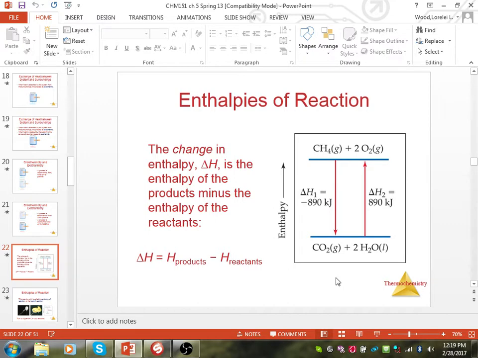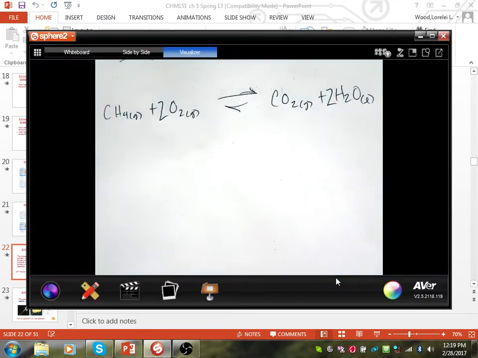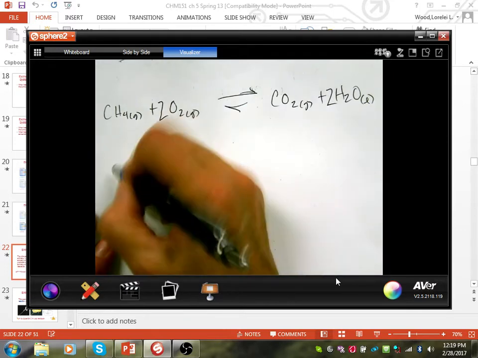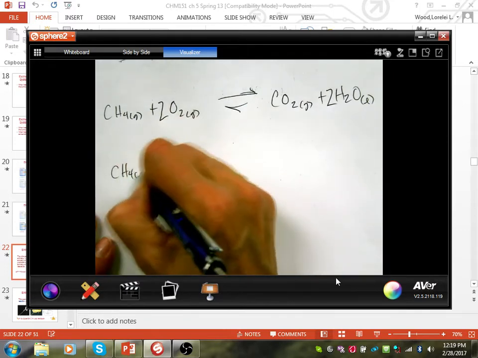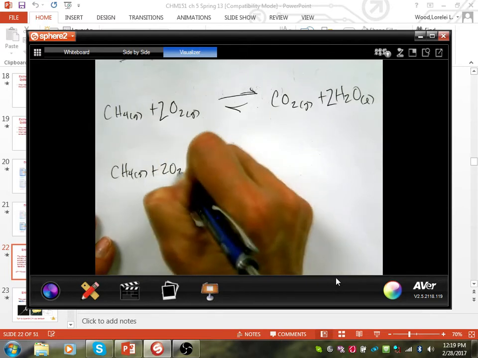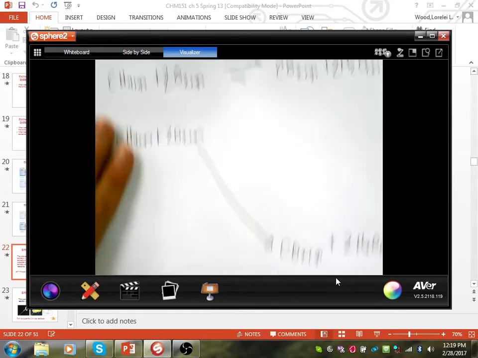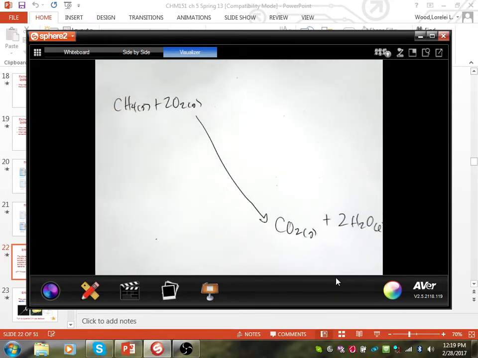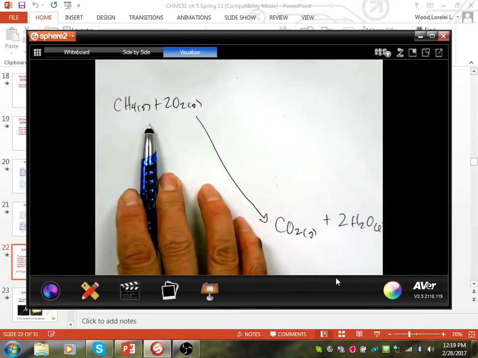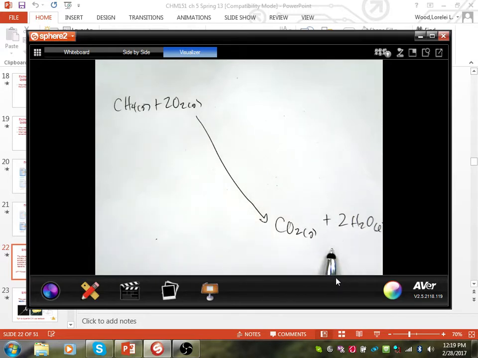So we could rewrite that to show that the reactants, CH4 as a gas, plus 2O2 as a gas, are at a higher energy level than CO2 as a gas versus 2 H2Os as a liquid. So what must this process have been if my reactants started out at a higher energy level and end up at a lower energy level?